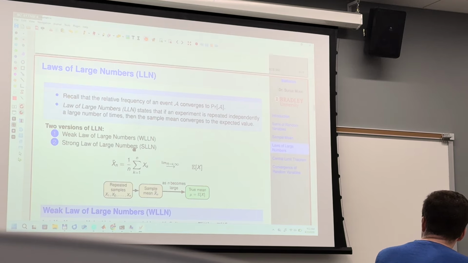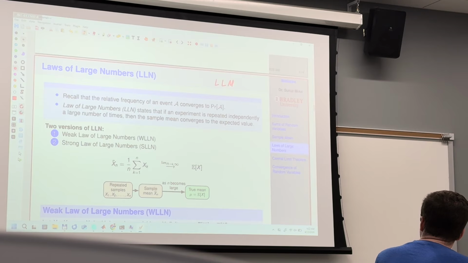People get confused. These days people use the term LLM, large language model. People use this term a lot these days.